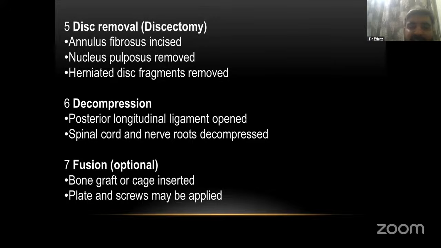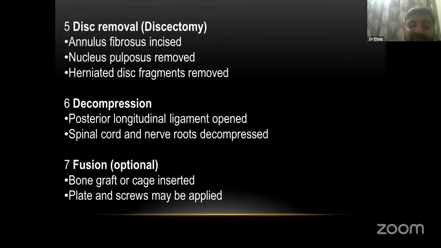Then with the help of the C-arm we confirm the level, and once confirmed we dissect the disc. The annulus fibrosus will be incised, the nucleus pulposus removed, and any herniated disc that is causing compression will be removed.